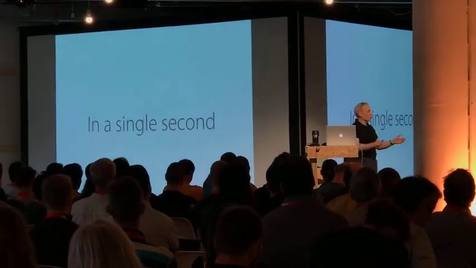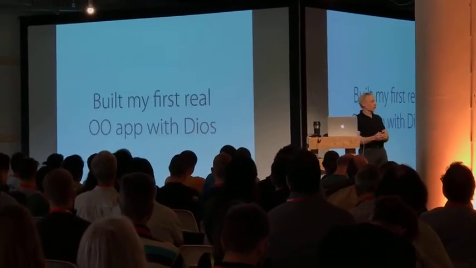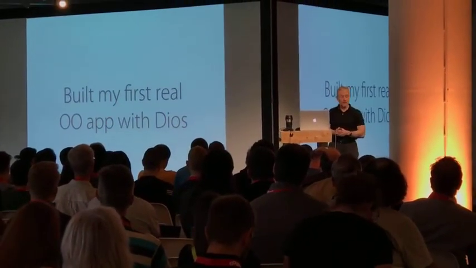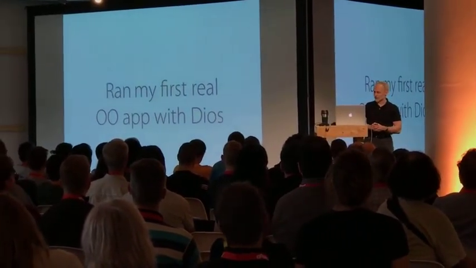Because my test suites were all running beautifully, it all seemed to go really, really well, and then I built my first real OO app with the module. That was fine, that was really easy, it was really quick. And then I ran my first real OO app.